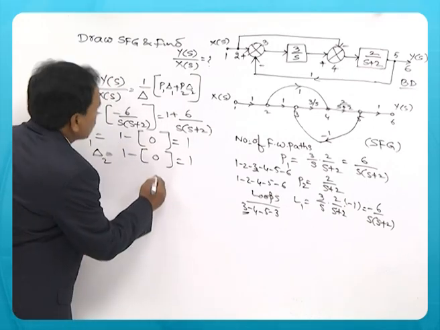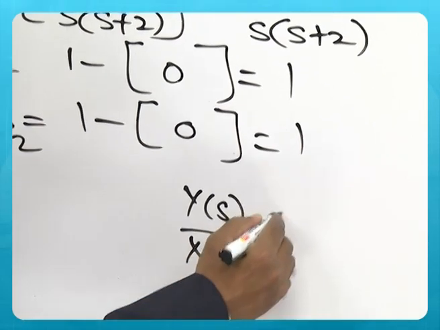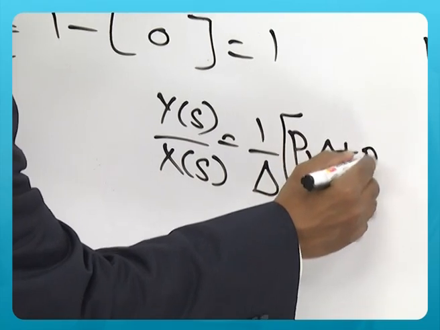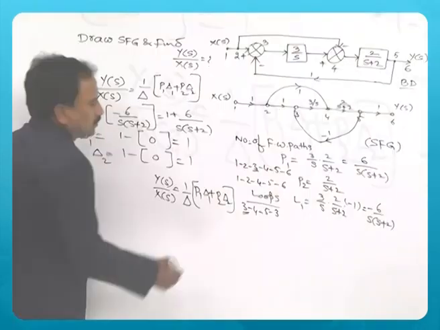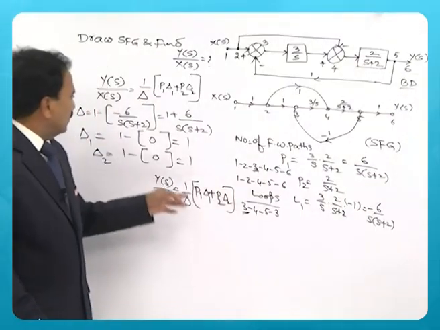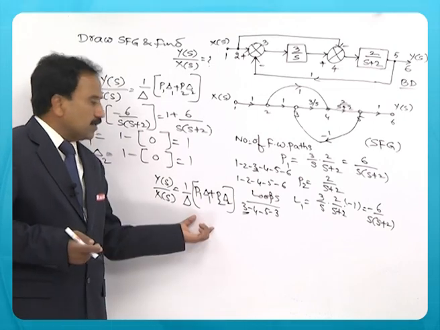So y of s by x of s is equal to 1 by delta into P1 delta 1 plus P2 delta 2. So simply substitute P1, P2, delta 1 and delta 2 and get the transfer function.